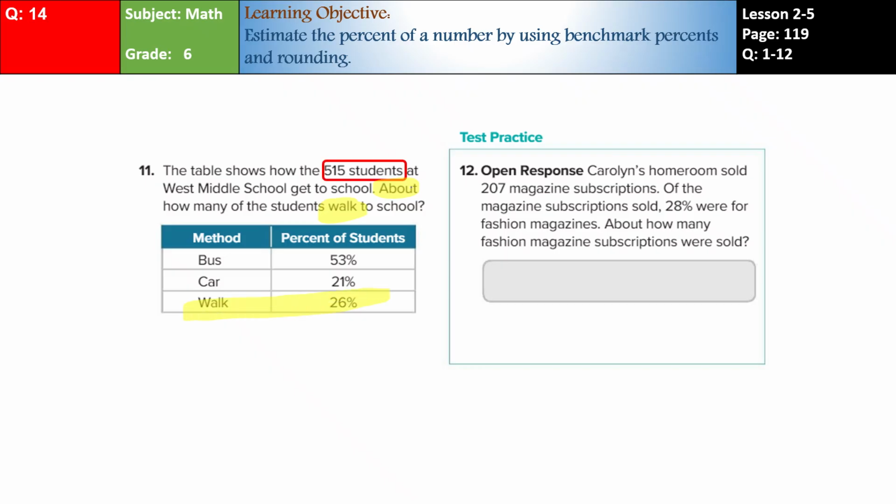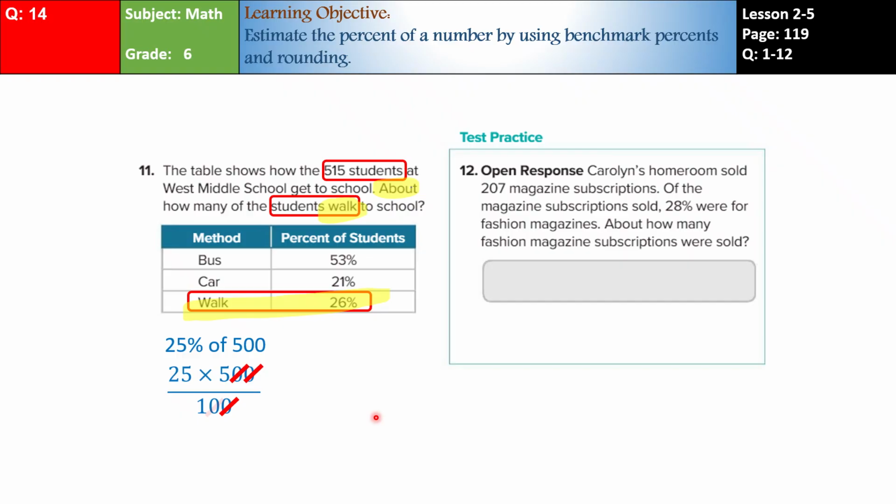So 515 and we have 26. 26 is closer to 25 and 515 is closer to 500. 25 multiplied by 500 divided by 100. These two zeros you can cancel. 25 times 5, 125. So 125 students walk to school.